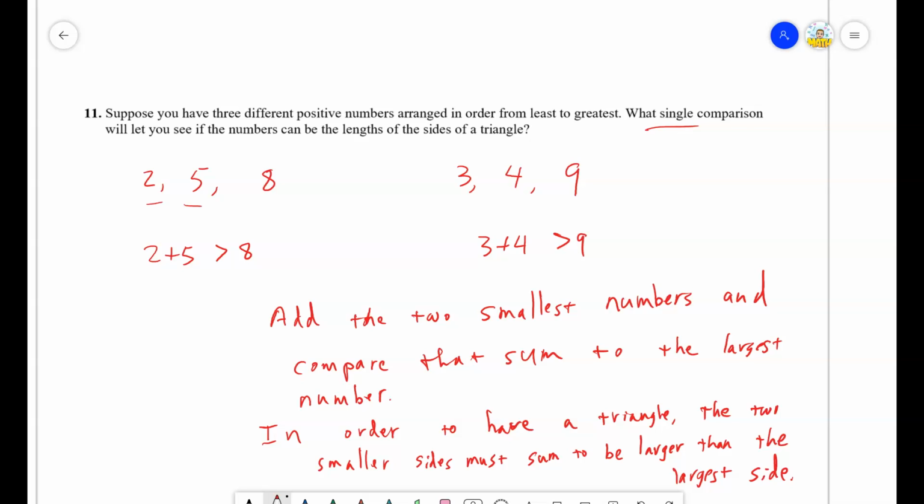That's the single comparison. Always take the two smallest if we have all 3 sides. Now, if we only have 2 sides and we're trying to decide on the possible values of the third, we subtract them and we add them, and those are the endpoints of our interval.